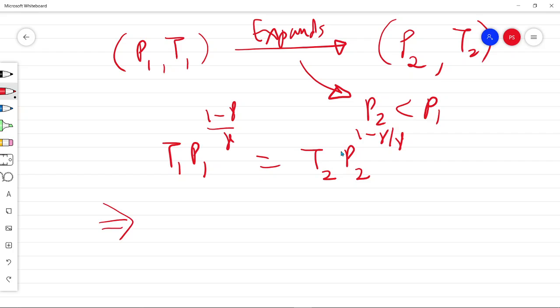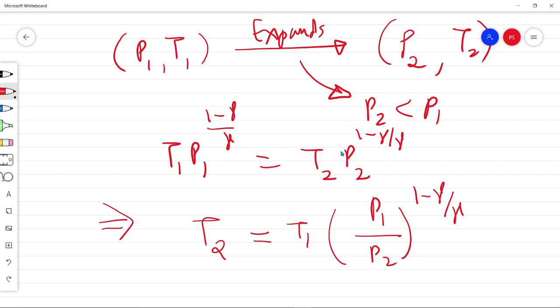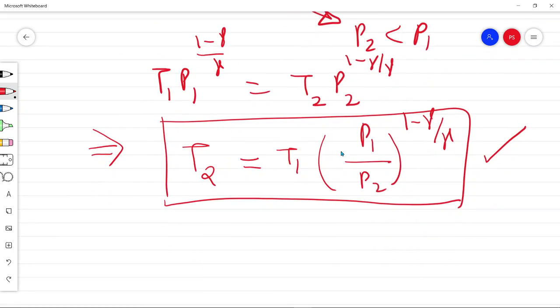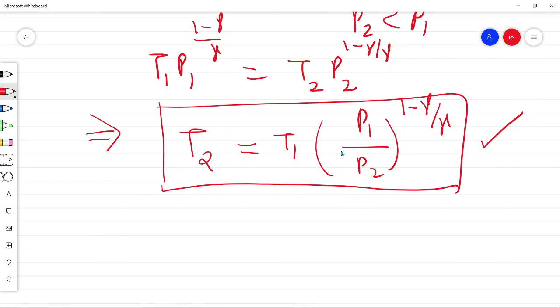So this gives an expression for the final temperature T2 as T1 times (P1/P2) raised to (1-γ)/γ. So this is an expression which can give us a value of the reduced temperature T2 if we know the initial and final pressure values.